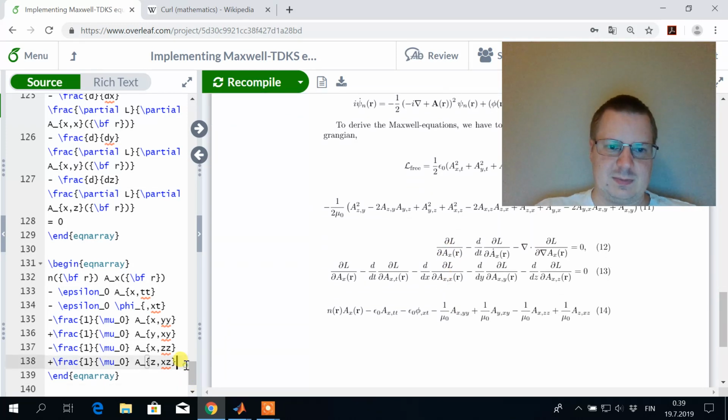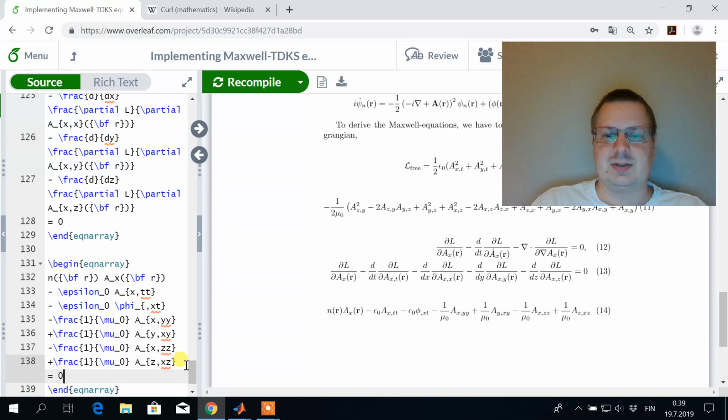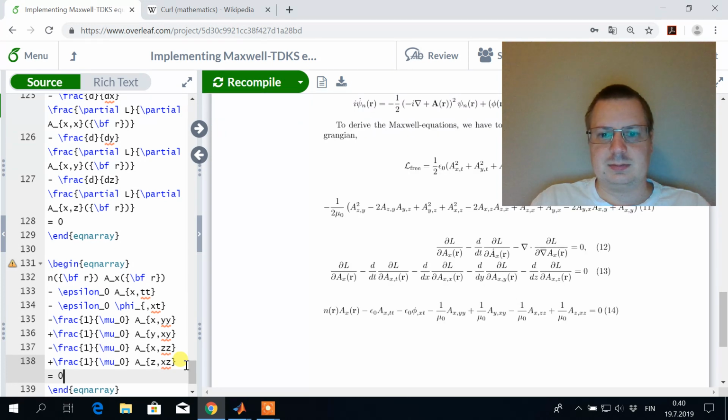Okay, so I think this is the Euler-Lagrange equation. So this term, something is wrong with that. Otherwise it looks okay.